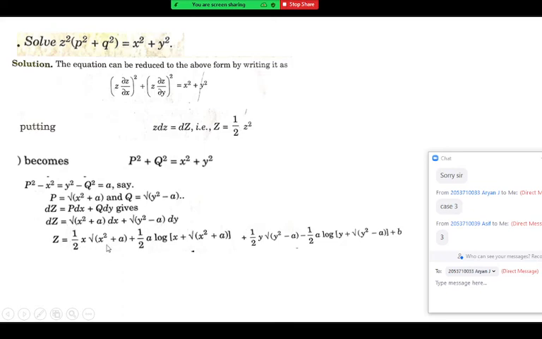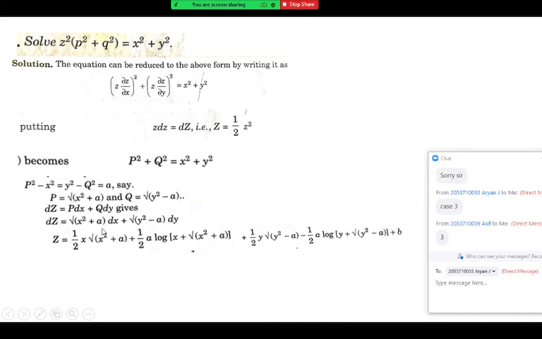First we get the answer in capital X, Y, Z. Actually, there is no substitution for small x and small y, so from the beginning to the end they are x and y only. There is only substitution for capital Z, so resubstitute the value of capital Z at the end. That capital Z is z square by 2.